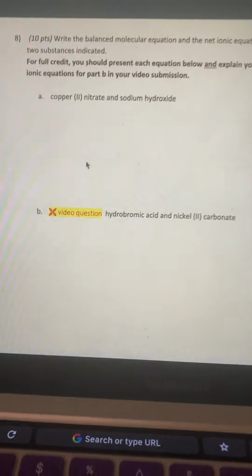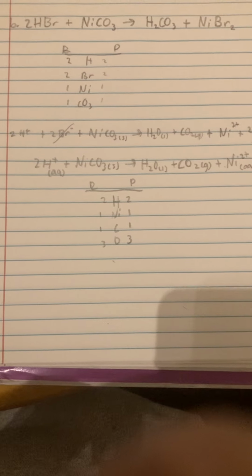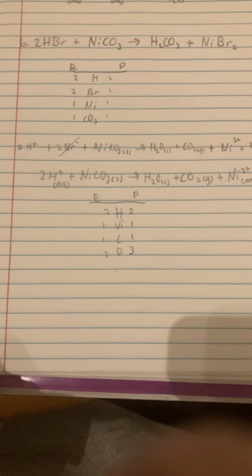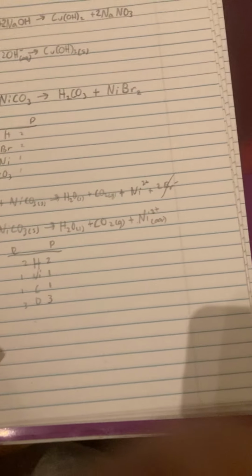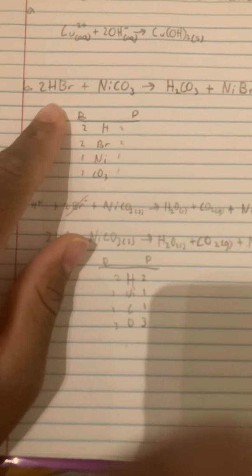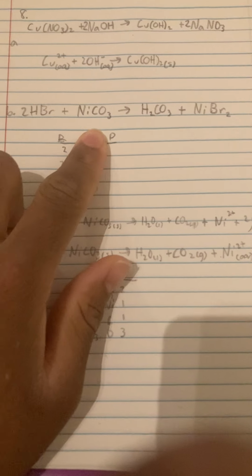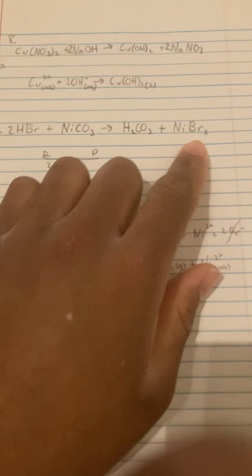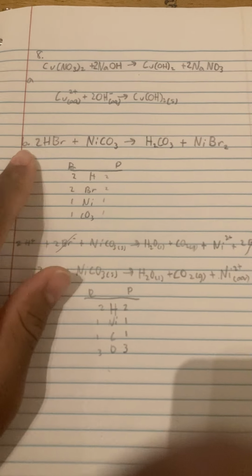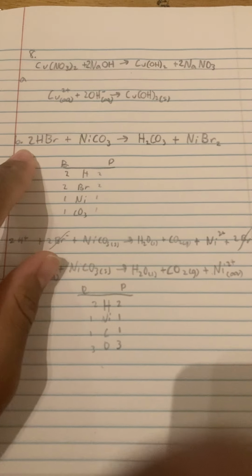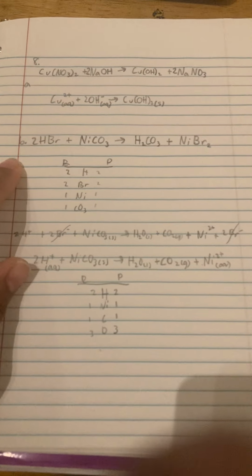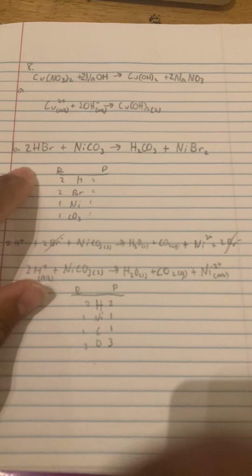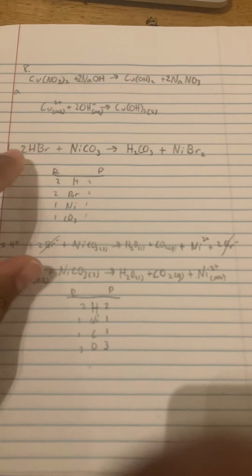And for 8B, I wrote it out. Hydrobromic acid, the nickel carbonate, and I wrote the equation for it, and I balanced it, the 2 there, and so this would dissociate because it's a strong acid.